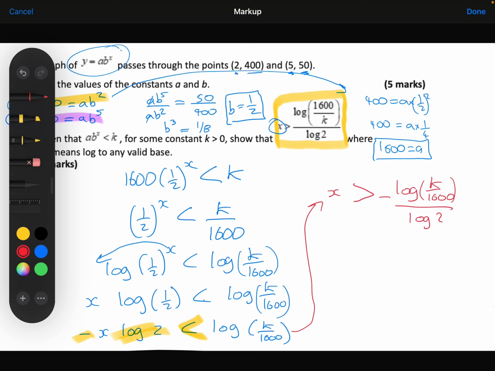The other thing I'm going to do to make sure this looks like this, notice that I don't have a negative in front here, and notice that the fraction is actually the other way around. And that's fine, because what I can do here is take this coefficient and move it to be a power up here.